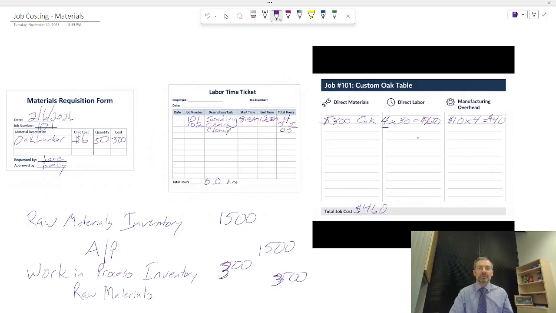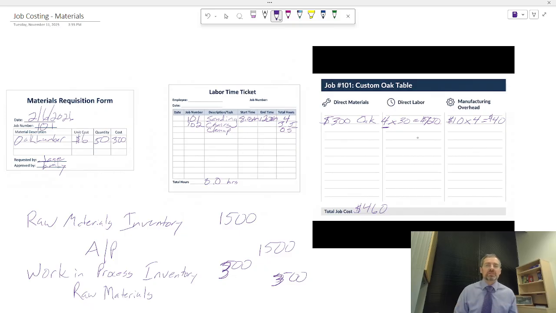So we're sitting here with our client, and we're trying to price it. We built this table. We need to, of course, price this over 460 or we're going to lose money. So we might say we're going to sell this table for $600.